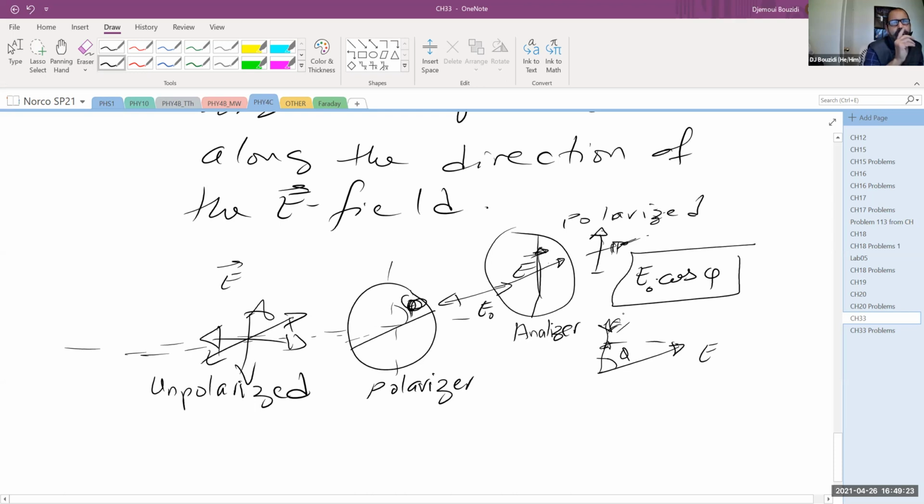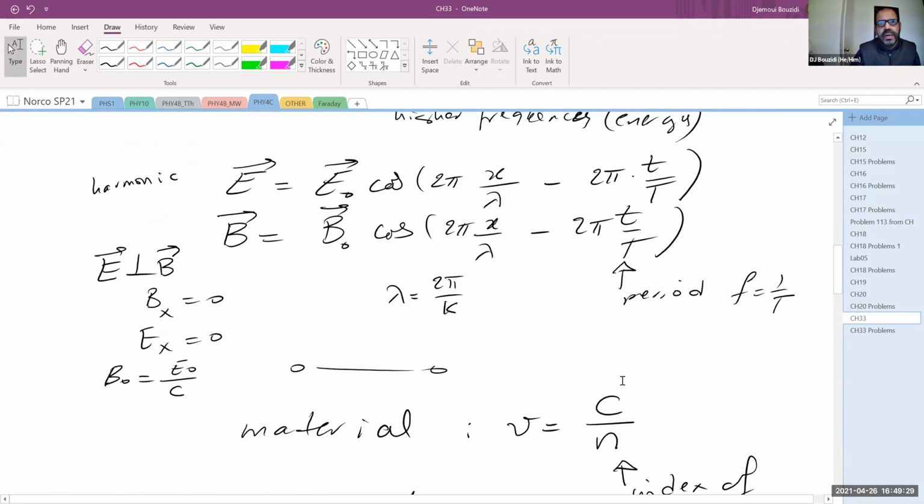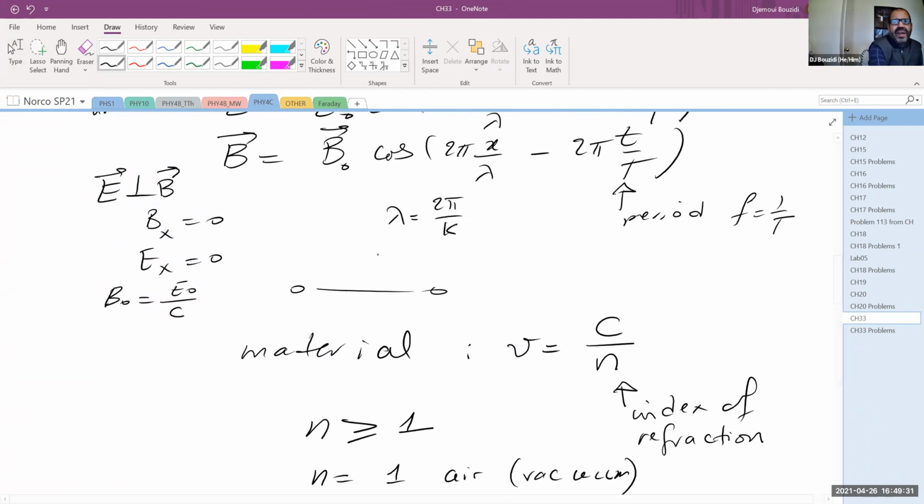Again, from chapter 32, we will define the intensity of light, and we will see that the intensity of light is proportional to the square of the electric field. Actually, it's going to be proportional to the square of the electric field plus the magnetic field. But because of this relationship, we cancel one of them, and we express it in terms of the electric field.